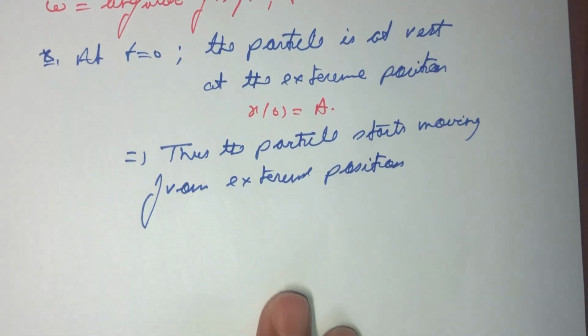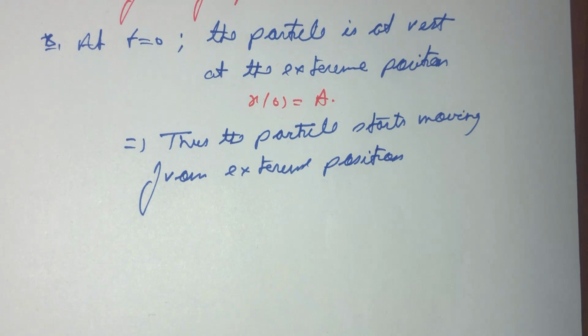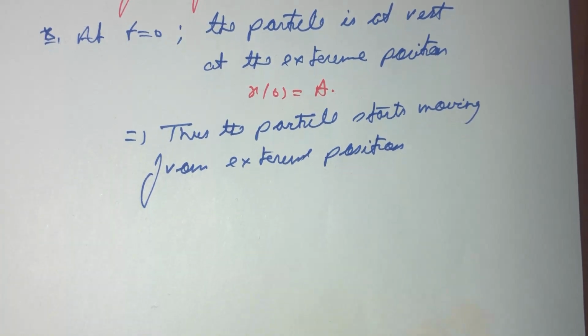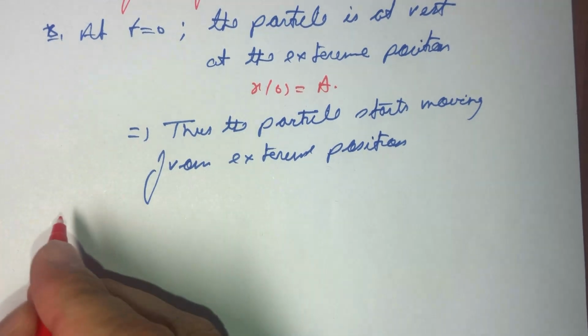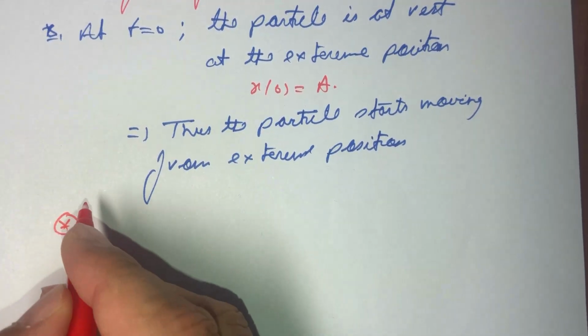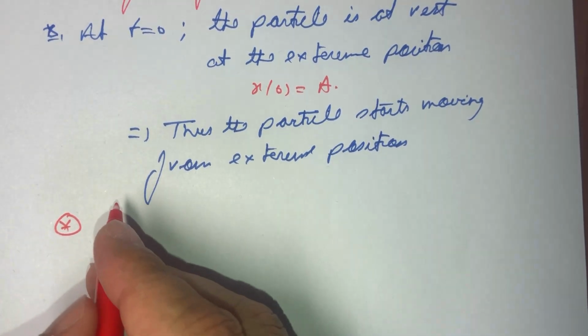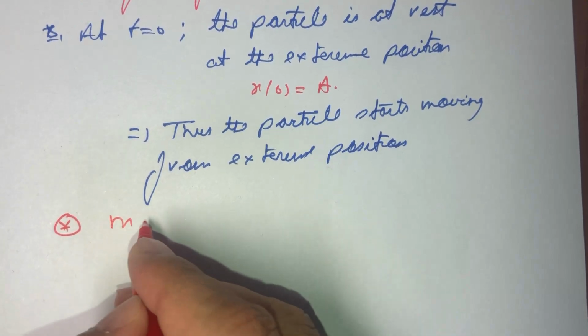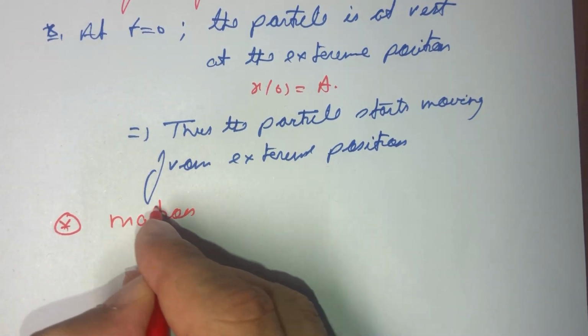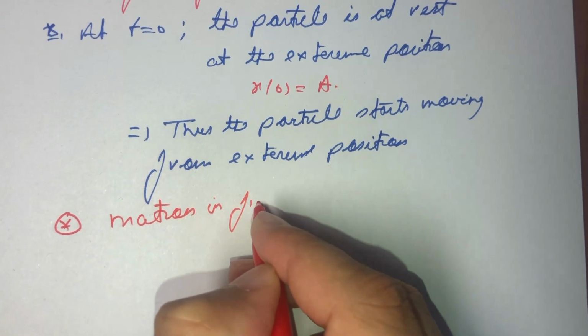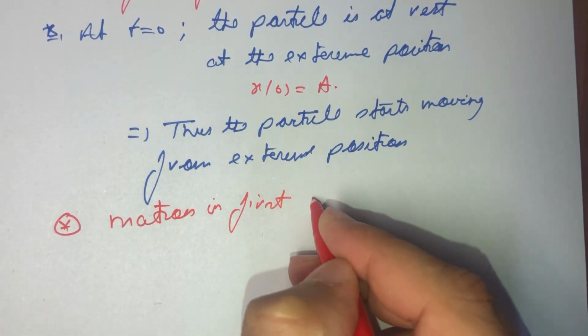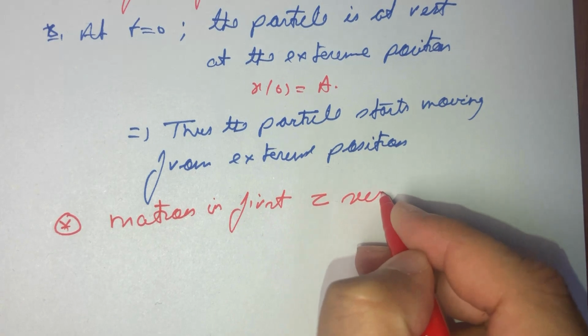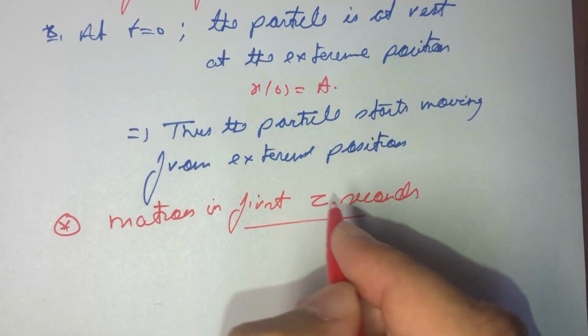So let us now find out the distance traveled in tau seconds, which is given as a, and try to understand what will be the further equations. Motion in first tau seconds.